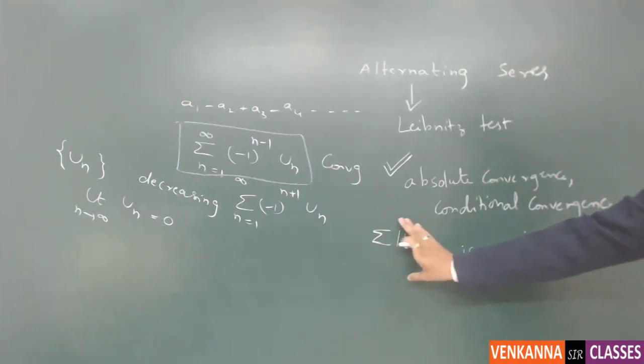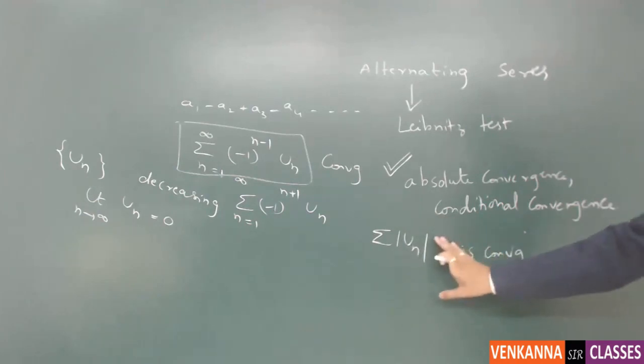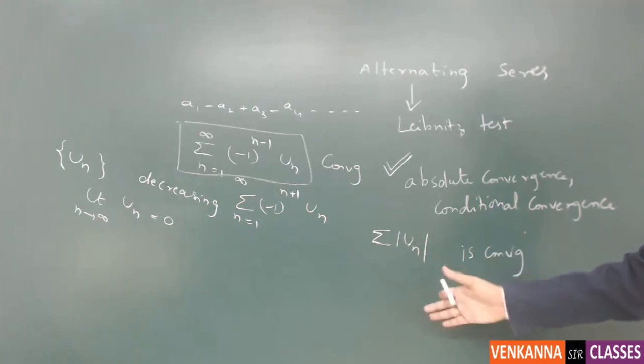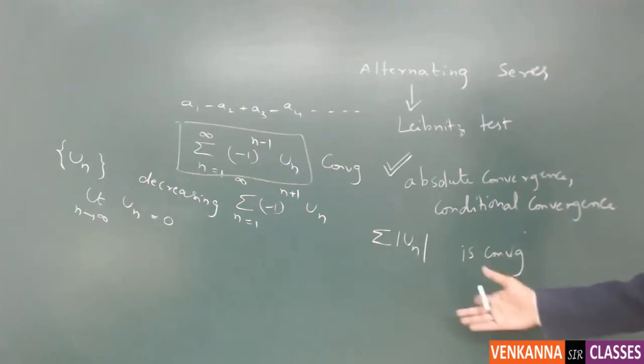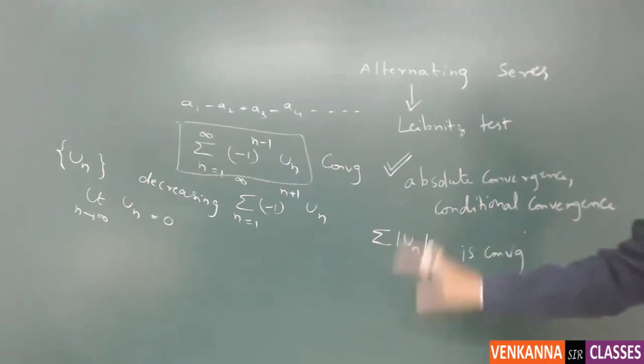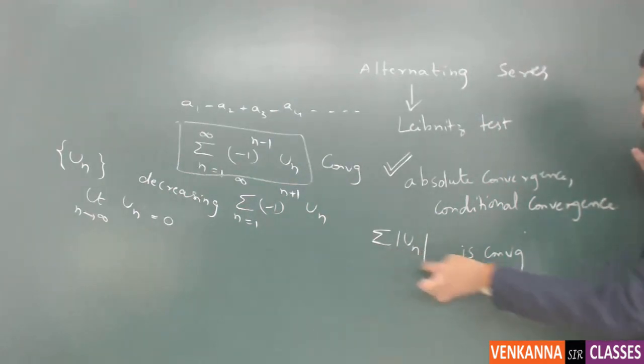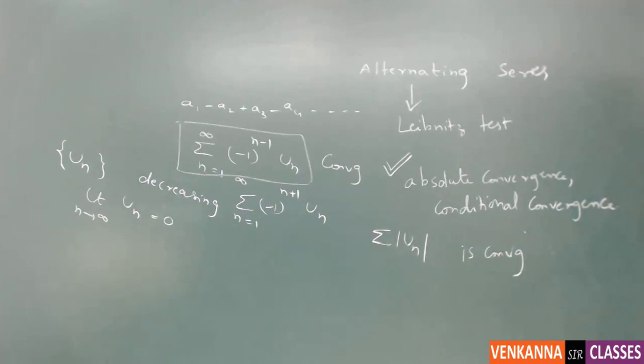And to verify its convergence, you can apply all the previous tests what you have learned, like comparison test, limit comparison test, ratio test, whatever it is. You can apply all the things to decide the convergence of modulus of un. And one result is that if the series is absolutely convergent, it implies our regular convergence.